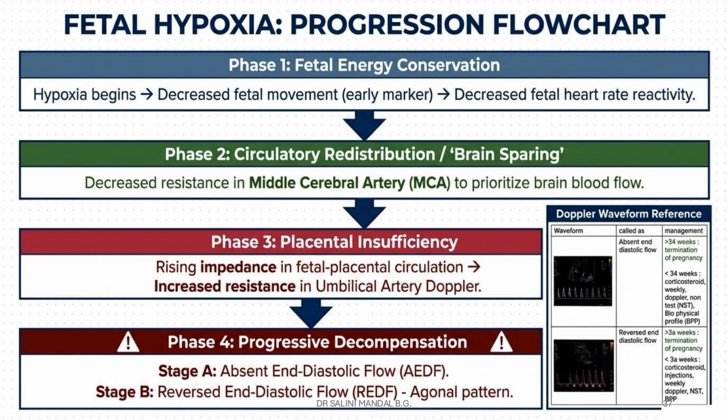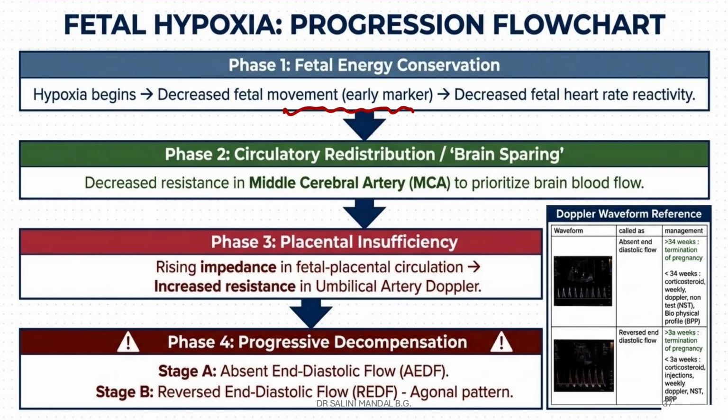Next one is about fetal hypoxia. Remember, when hypoxia begins, what exactly happens? There is going to be decreased fetal movement, which is the early marker. So what is the early marker for fetal hypoxia? That is decreased fetal movement. That itself means there is going to be decreased fetal heart rate reactivity, right? So automatically there is going to be circulatory redistribution.